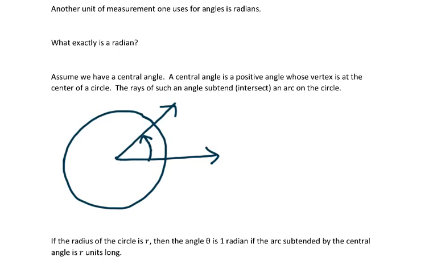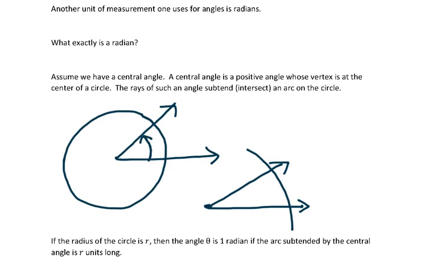Also, we say here that the rays subtend an arc on the circle. That just means we have this picture here. So you can imagine taking this picture and just focusing on that. So here is the arc.